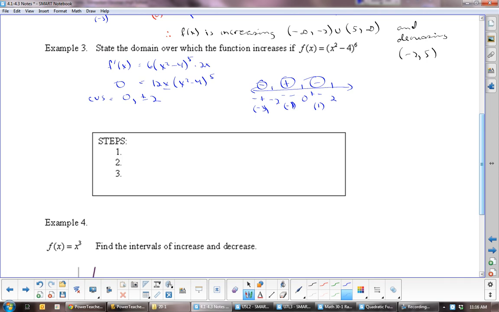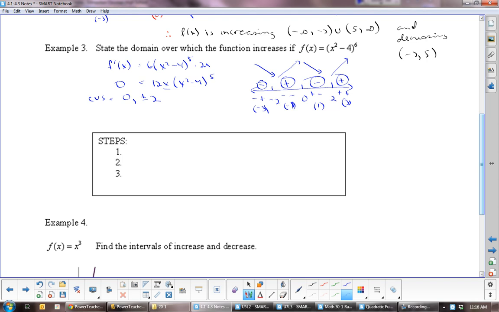Okay, for greater than 2, let's go 3. 12 times 3 is positive. 3 squared minus 4 is positive. Positive times a positive is positive. So it would look like this, right? Down here, then we're going up here, then we're going down, and then we're going up.